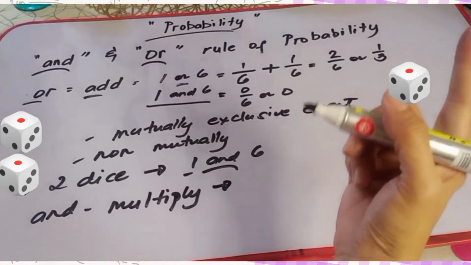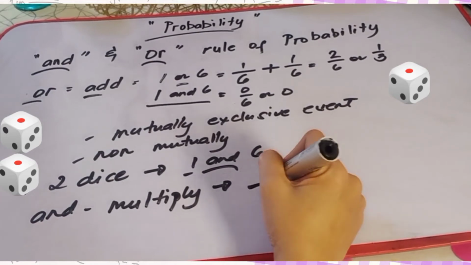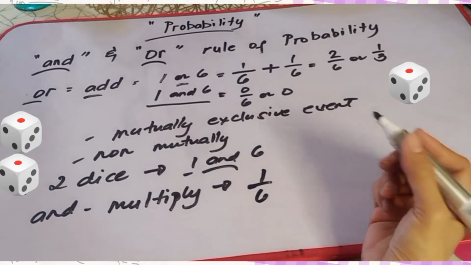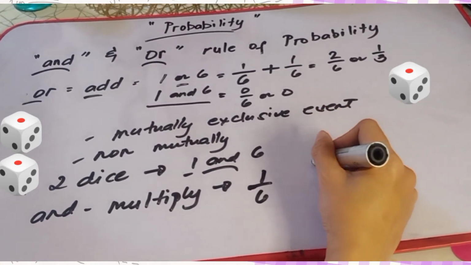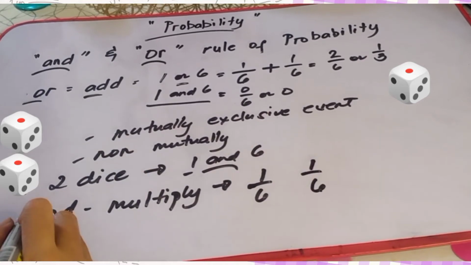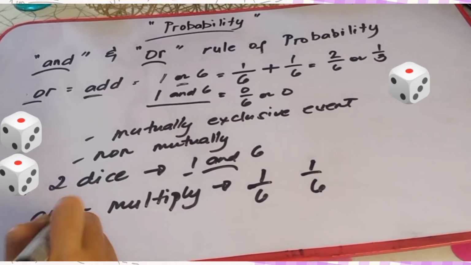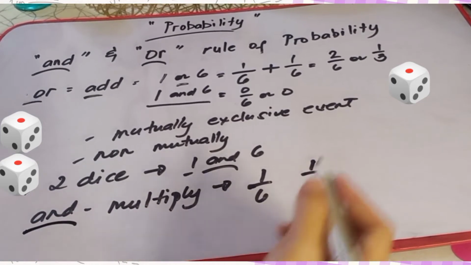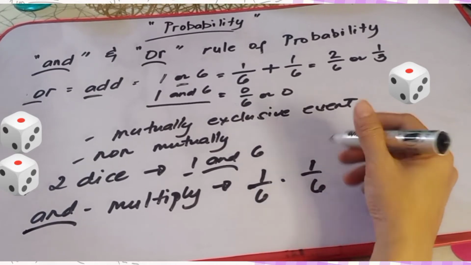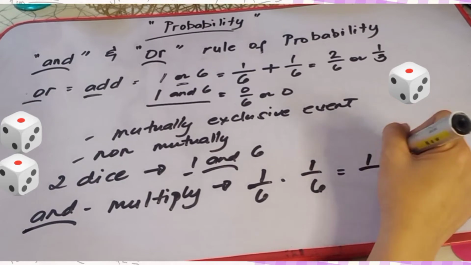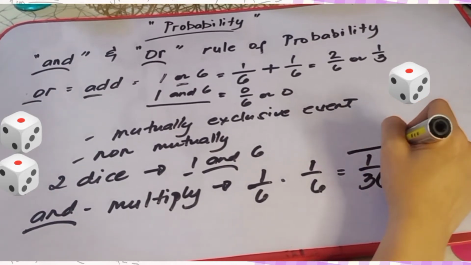So, sa isang die, ang probability of getting 1 is 1 over 6. At dun naman sa kabilang die, the probability of getting 6 is also 1 over 6. So, sabi natin, kapag non-mutually siya, or kapag and ang ginamit, ang gagawin natin is multiplication. So, simply multiply 1 over 6 times 1 over 6. That is equal to 1 over 36. So, this is now our answer.